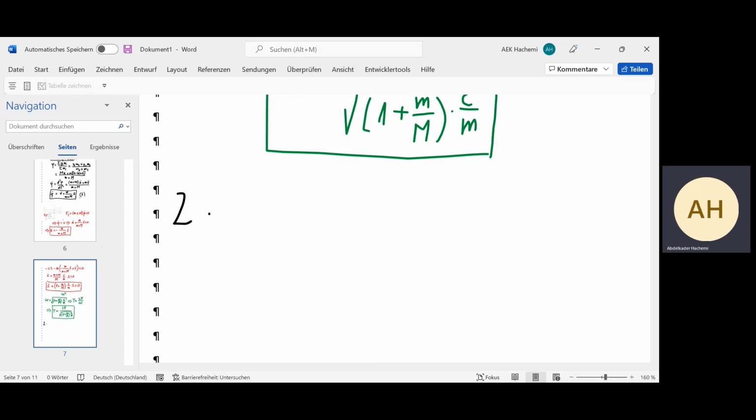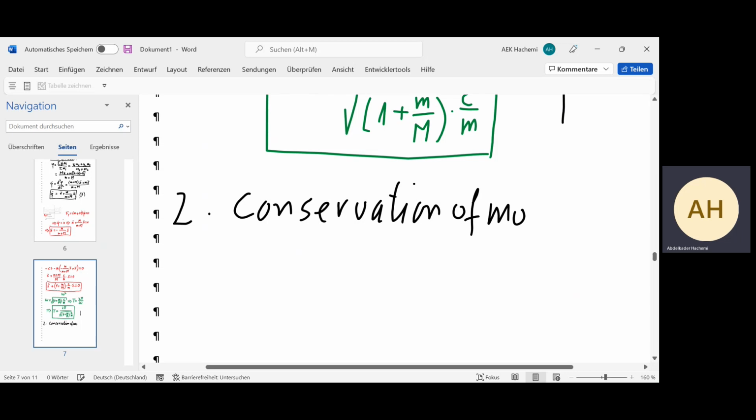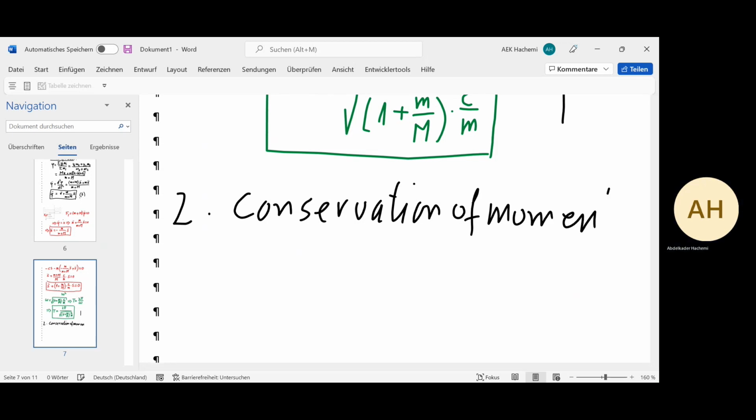And now if we take the theorem of conservation of momentum, that's what we know.